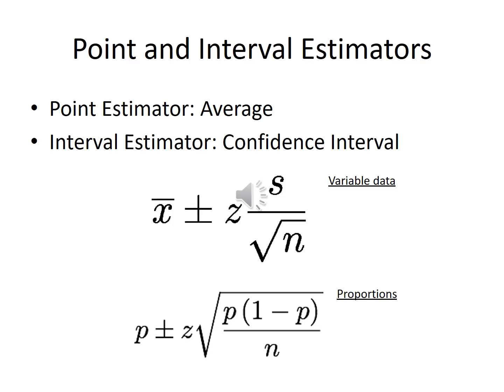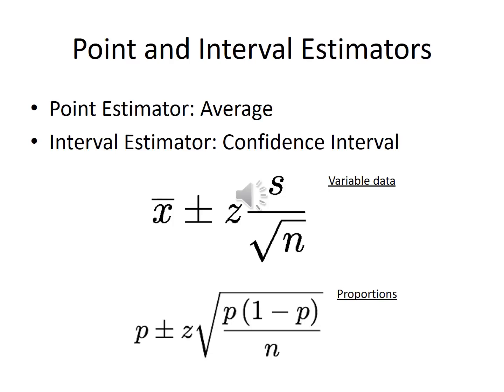So we get this thing, it's called x bar, which is our average, plus or minus z, and watch the video on how to do a z-score, times the standard deviation divided by the square root of the sample size. And what that'll do is it'll give me an interval, kind of a confidence interval. You've seen this on polling, 44% plus or minus 3.4%. That's what they're doing here.